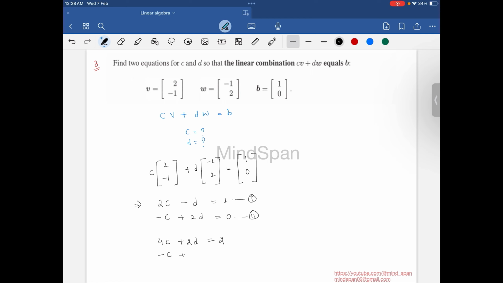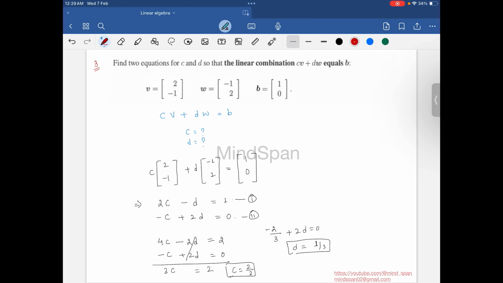Adding, this will get cancelled, and here we will have 3c equals 2, so c equals 2 divided by 3. You can put this value of c in any equation. So let me put it in the second equation: minus 2 divided by 3 plus 2d equals 0, so d will be 1 divided by 3.